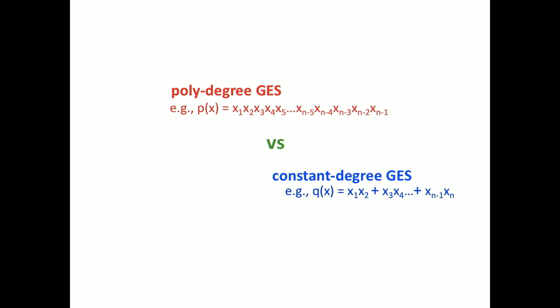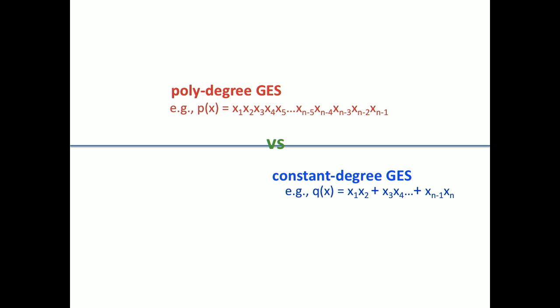So in summarizing, the difference between polynomial degree and constant-degree graded encoding is really in terms of functionality. When we talk about constant degree, we provide a much weaker functionality: I can only evaluate constant degree polynomials as opposed to arbitrary high-degree polynomials. And in fact, the two of them also have some qualitative difference.